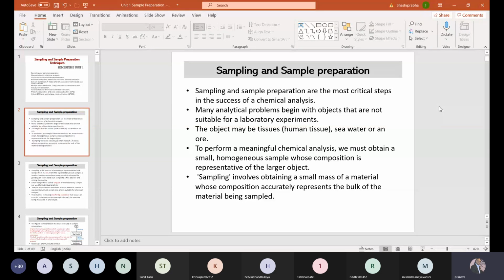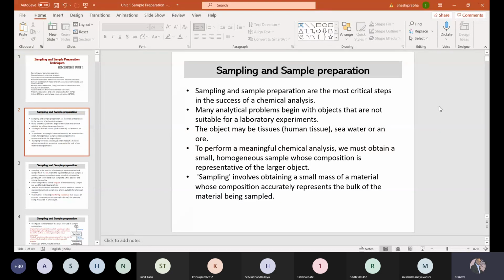Now, which sampling procedure needs to be adopted? That depends upon the sample itself, in the sense that we know now that solids are the most heterogeneous samples.